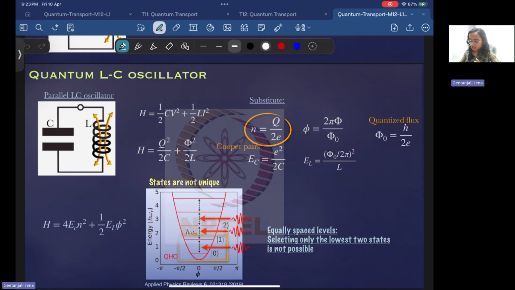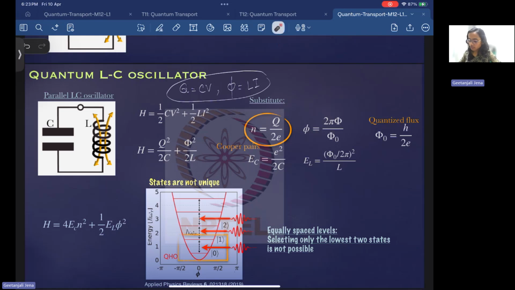So we can write the charge stored in the capacitor as C times V, and we can write the flux in the inductor as L times I. So using this relation, we can rewrite our Hamiltonian.